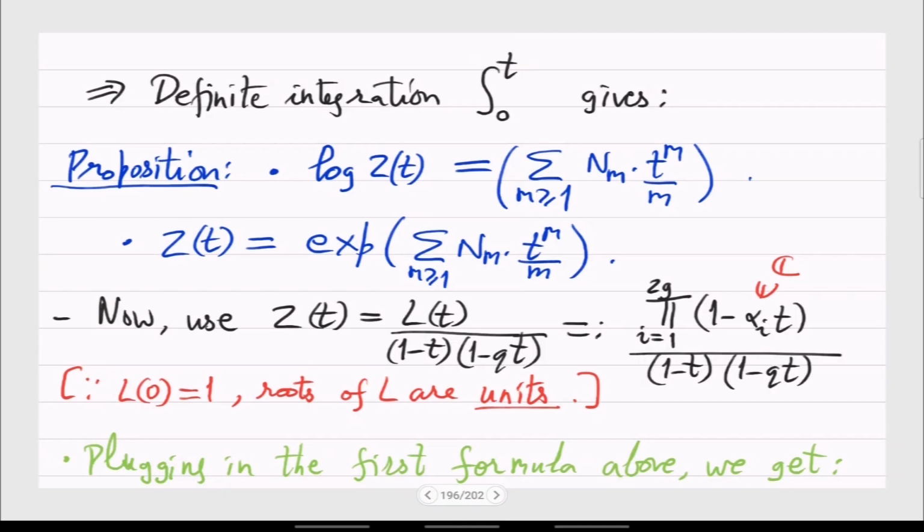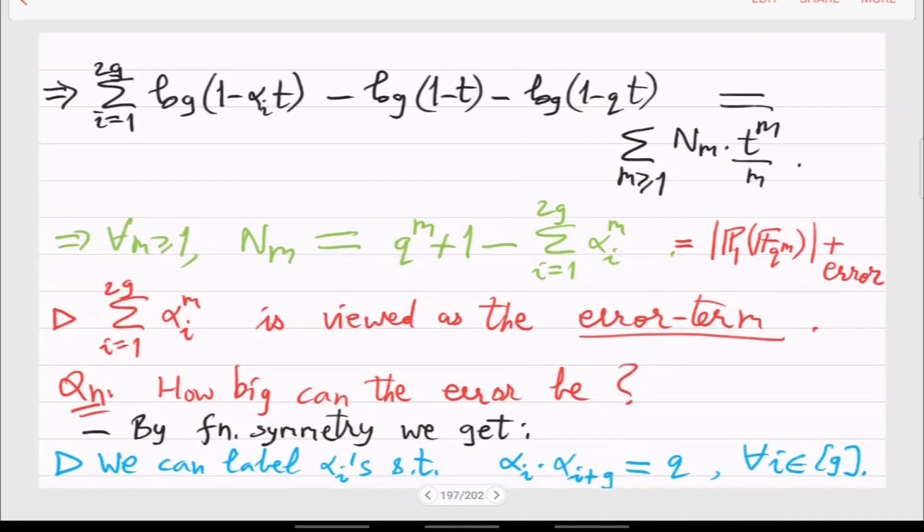And from that we get this nice formula in green that counting points on the curve which are in the finite field F_{q^m} is basically given by the number of points on the projective line plus some error, and the error term is also given very exactly by the complex roots of the L function, which at this point is totally black box.